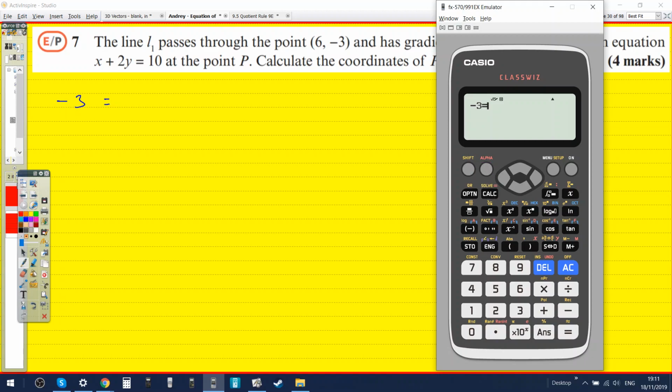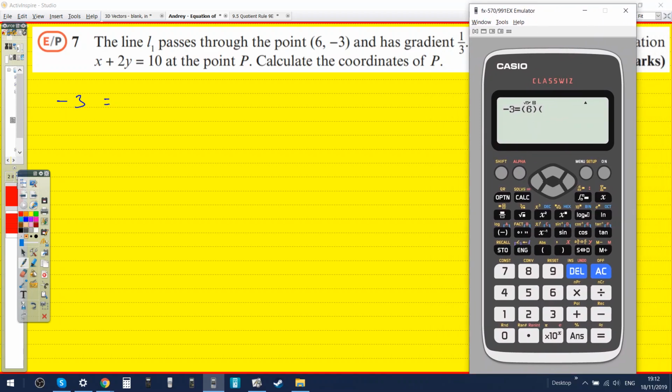And so minus 3 equals 2 plus c. And so minus 5 equals c. And so for line 1, the equation is y equals a third x minus 5.